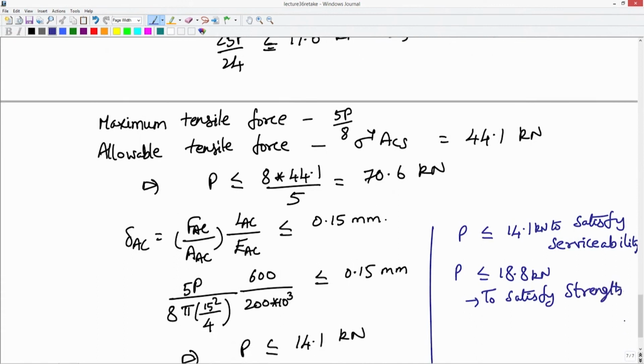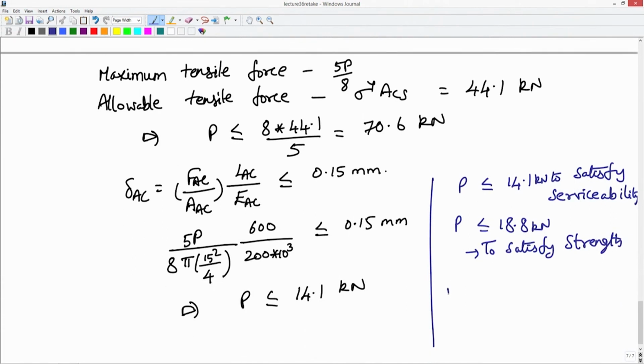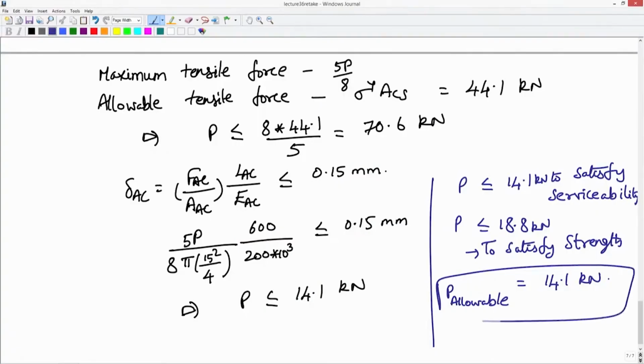Hence, the allowable value of P, which is what we are interested in finding, is 14.1 kilonewtons. So, this structure will fail by serviceability requirements, if it is going to fail, rather than by strength requirements. This is the P allowable.